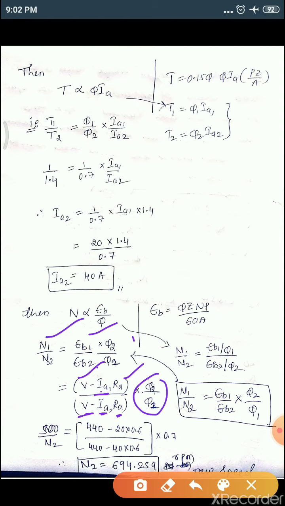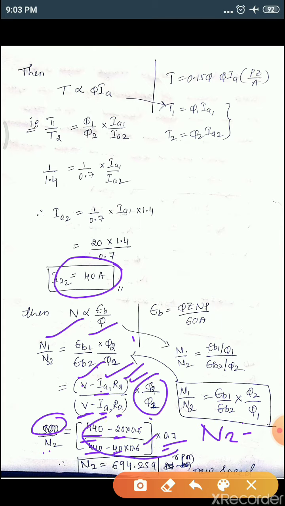The original speed N1 given is 500, divided by N2. The supply voltage is 440 minus Ia1, the original value 20, into Ra fixed at 0.6, divided by 440 minus Ia2, the new armature current 40, into 0.6, into 52 by 51, which is 0.7. So N2 is 500 divided by this entire term.